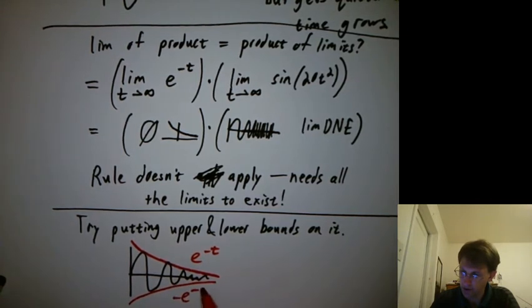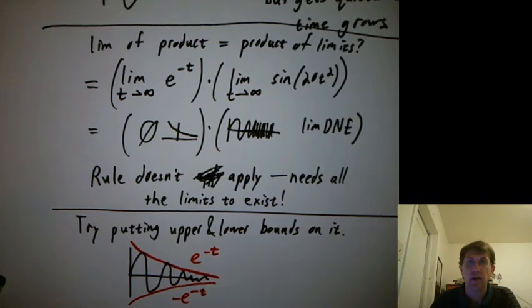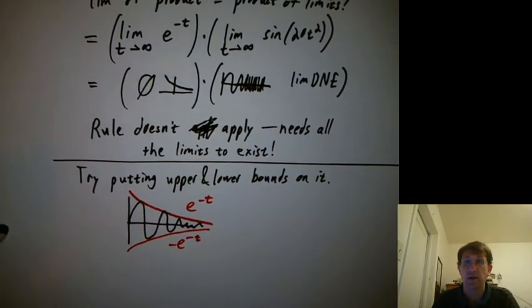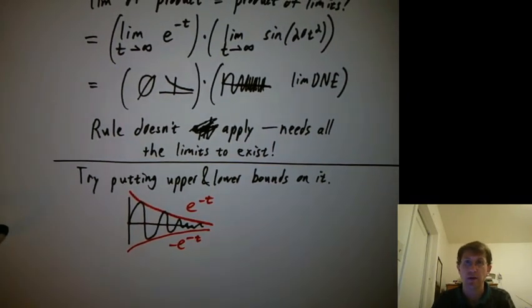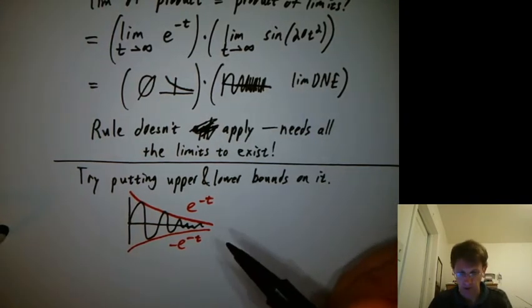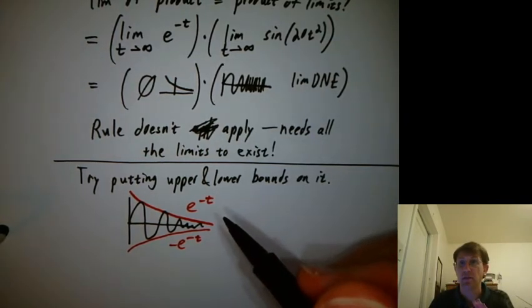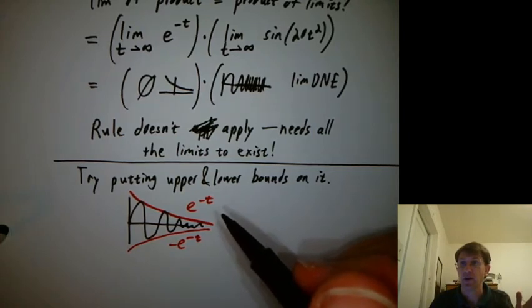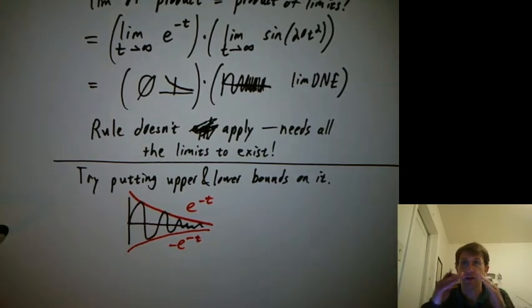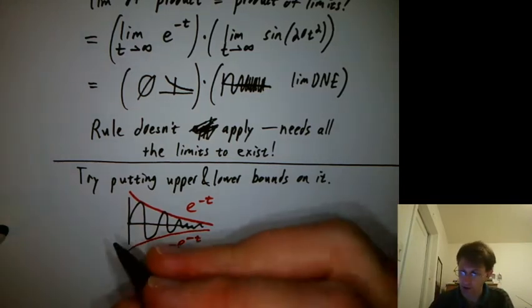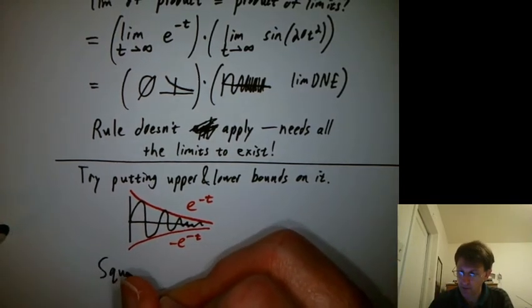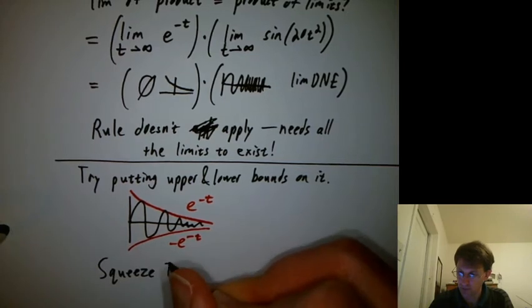It's negative e to the negative t. And those are fairly easy to deal with. So what I can say is, using the fact that the sine wave is always between plus or minus 1, I can use the same theorem we used before for x going towards something finite, but now t is going towards something infinite. That's the Squeeze theorem.